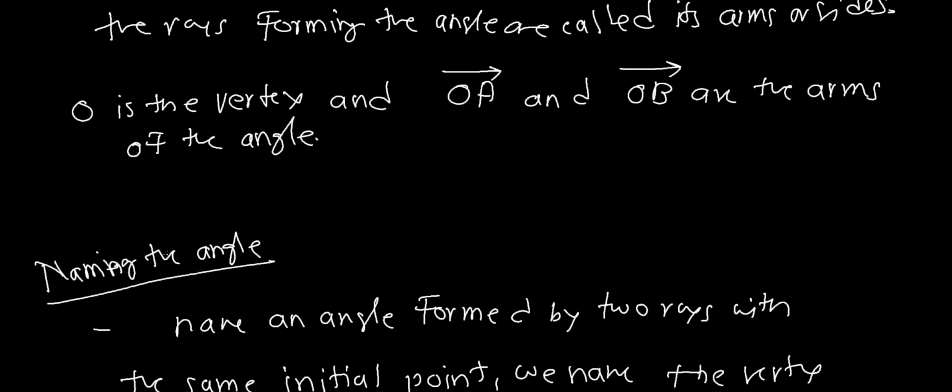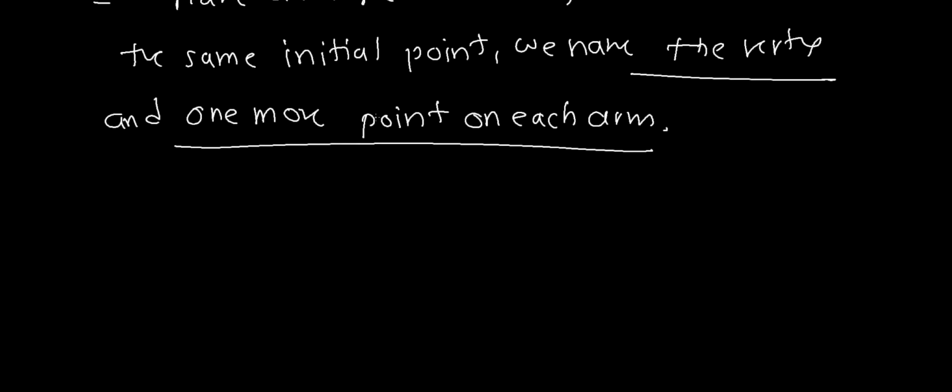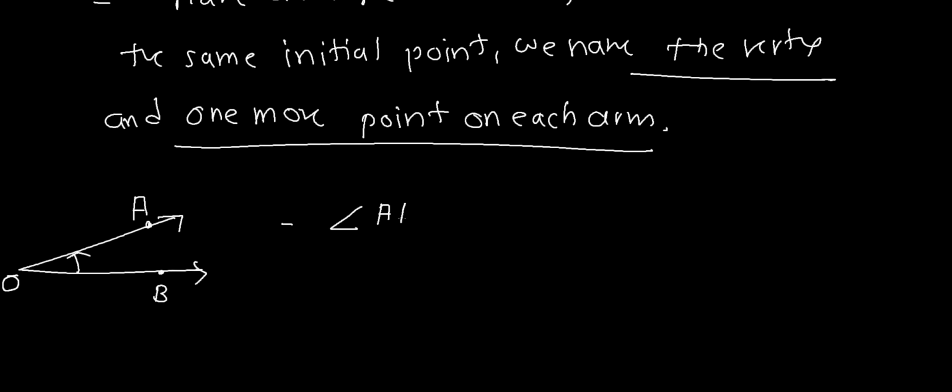So in this figure, we'll draw again. This is our initial point O, this is point A, and this is point B. Here the angle can be named angle AOB or angle BOA.